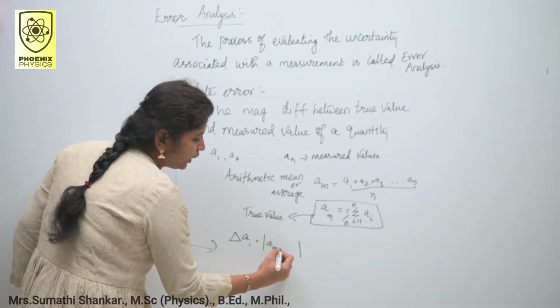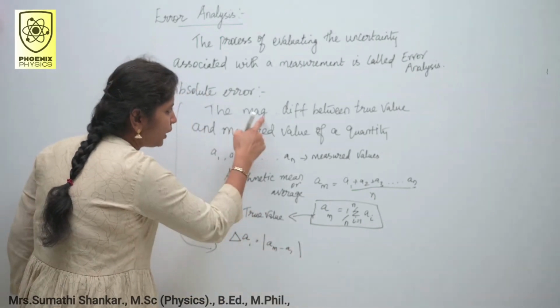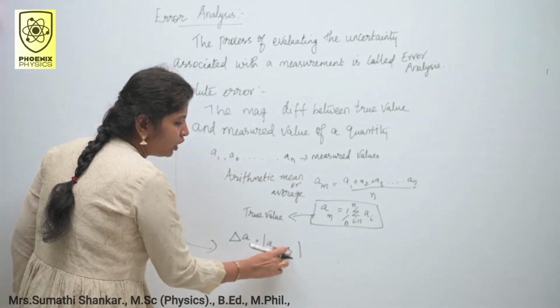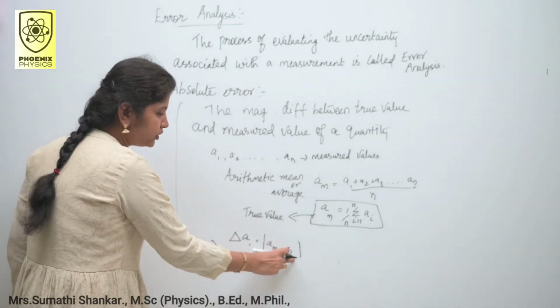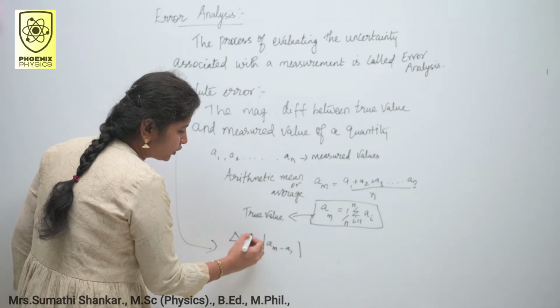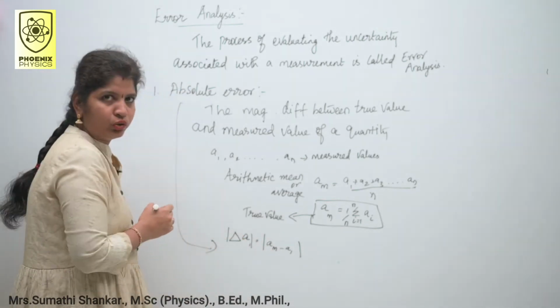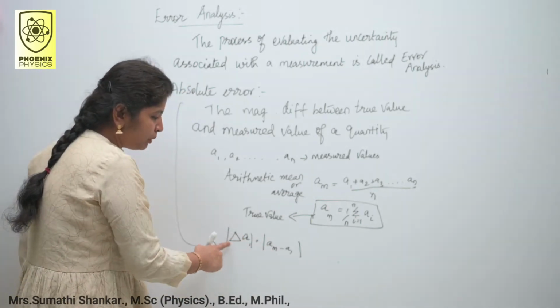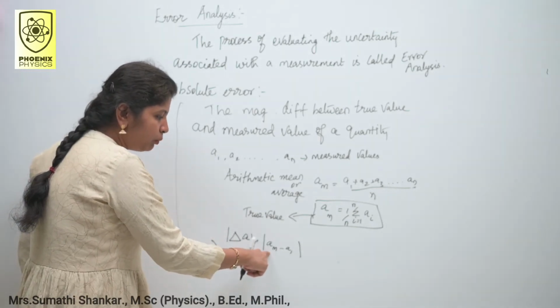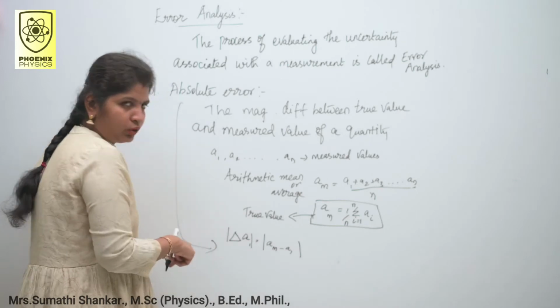A1. So AM minus A1. Here also magnitude means here also magnitude. Delta A1, the magnitude or modulus of delta A1 is equal to modulus of AM minus A1.